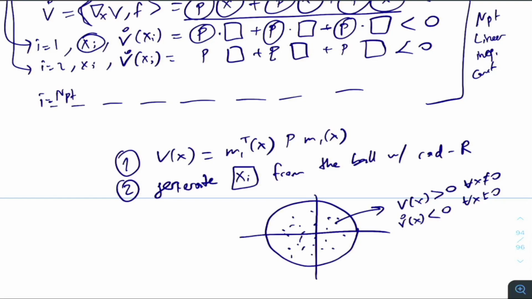By the way, let me just say x in B_r, in this ball.